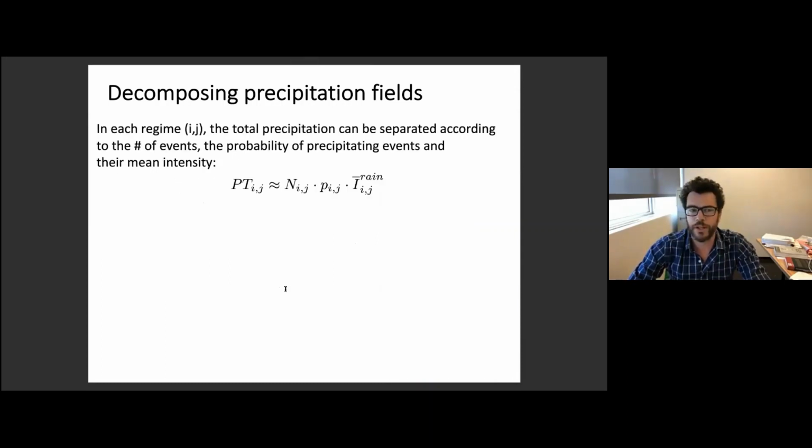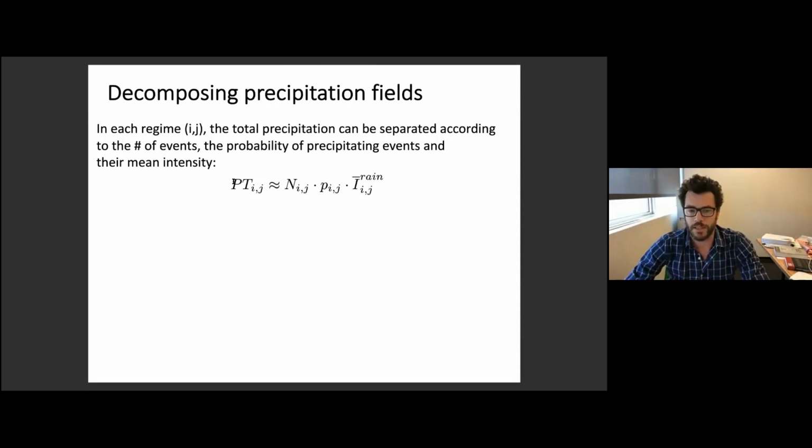But we go a little further, and for each regime we separate the precipitation according to the classic and quite traditional intensity and frequency decomposition. So for each regime, we can express the total precipitation according to the total number of events occurring in that regime, the probability that we found a precipitating event in that specific regime, and the mean intensity of the rainfall whenever the rainfall happens.